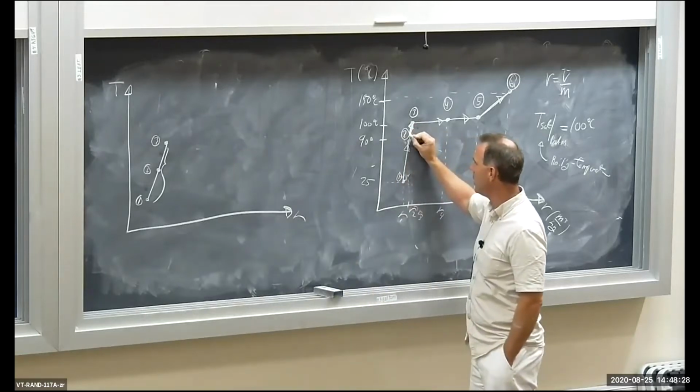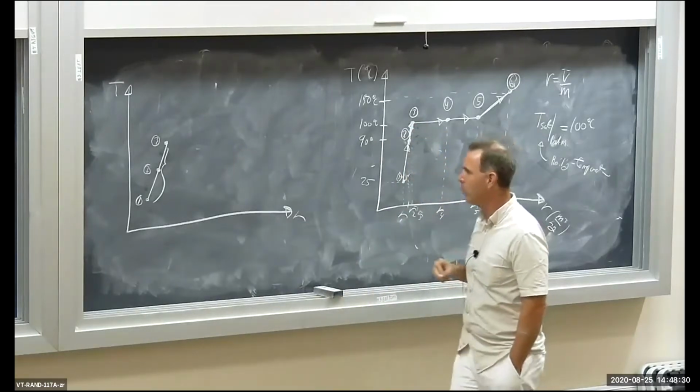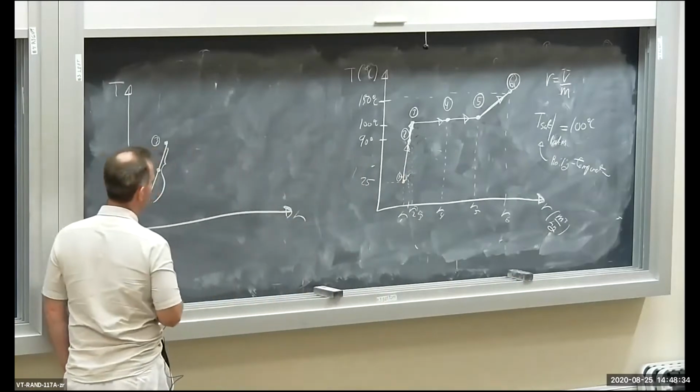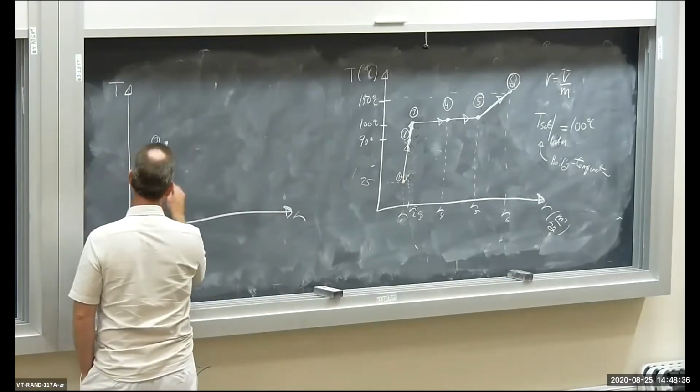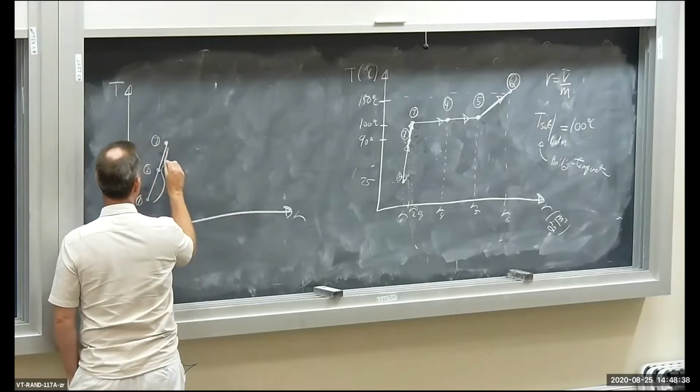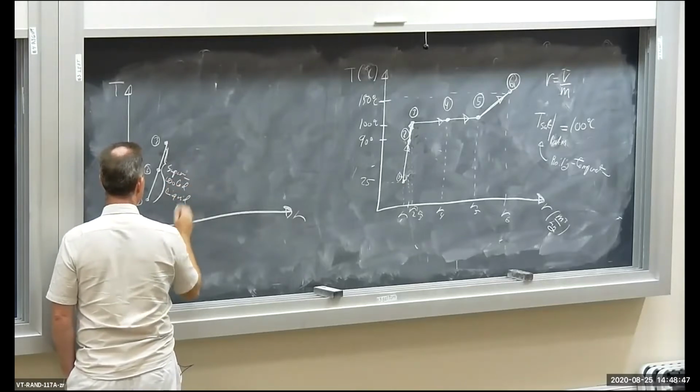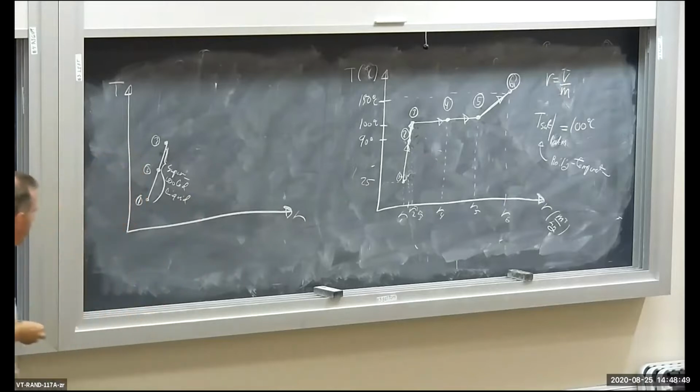Below state 3, state 2 or state 1, we were at a lower temperature than the boiling temperature. So at state 1 and 2, we were supercooled liquid. Supercooled liquid, state 1 to 2, all the way up to state 3.